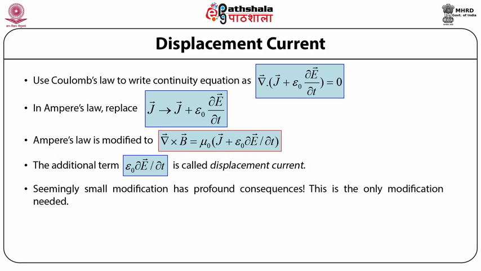So this was one of the main contributions that Maxwell made to the four equations that we have discussed earlier, wherein he modified Ampere's circuital law to accommodate not only static phenomena but also time varying phenomena and time varying fields. So in this manner, we can now define the new set of four equations which are called Maxwell's equations.